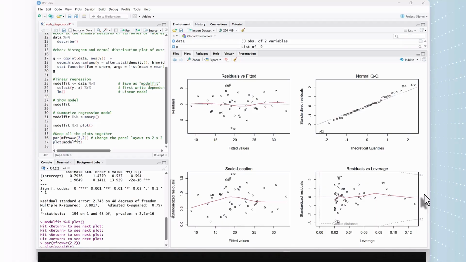These points are on the far right, and either far above or far below. The influential observations are usually detected by their high Cook's distance value.